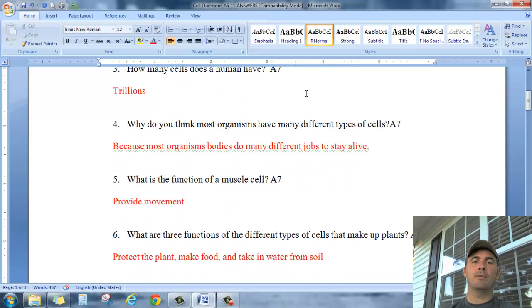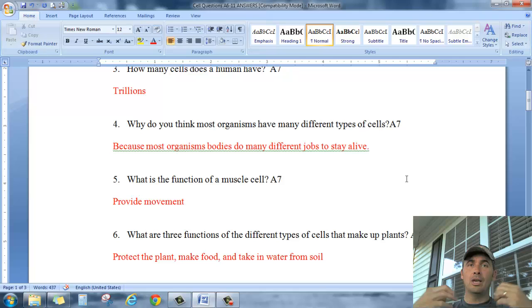Number 4, why do you think most organisms have many different types of cells? Well, think about it, because most organisms' bodies do a lot of different jobs to stay alive, right? I mean, your body has to do a lot. You got to move, and that takes muscle cells. And then you got to stay protected, and you've got to have a frame for everything to hang on, which is the bone cell. You got to have blood cells pumping through your veins, carrying oxygen and nutrients and fluid throughout your body, right?